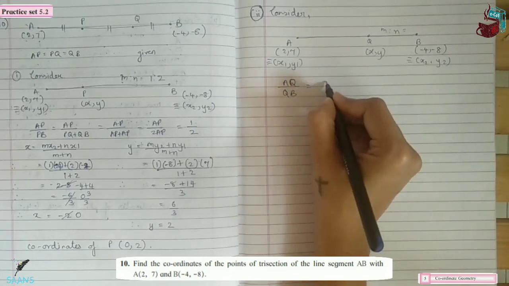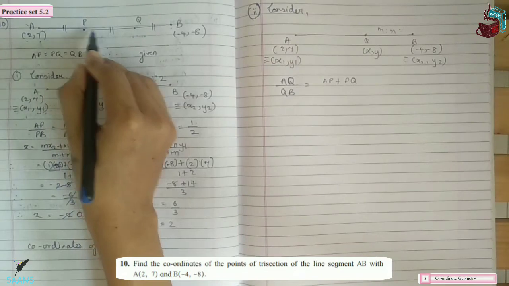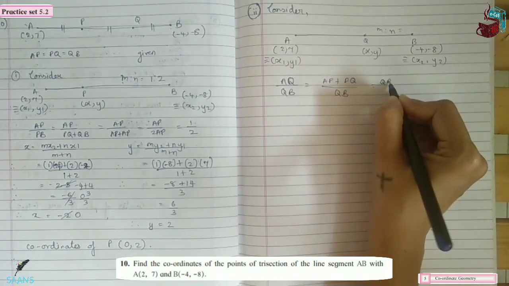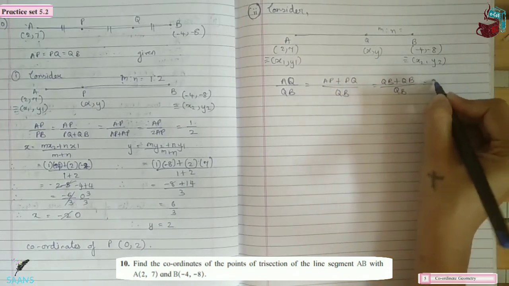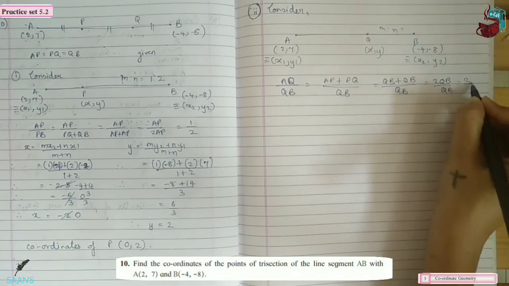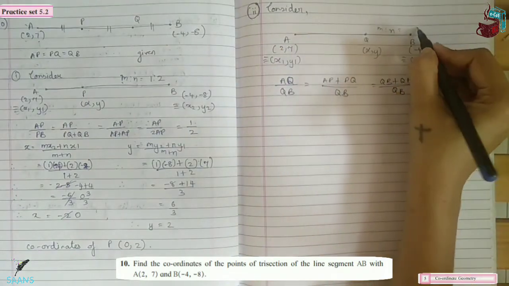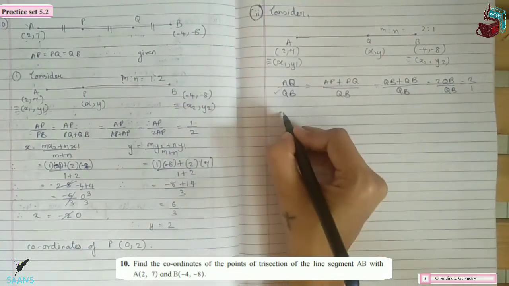So AQ is nothing but AP plus PQ. See, AP plus PQ upon QB, that is QB plus QB upon QB, 2QB upon QB, that is 2 upon 1. Okay, so this is done for you. So you know the ratio is 2:1. Ratio is done. Now come to the sum.